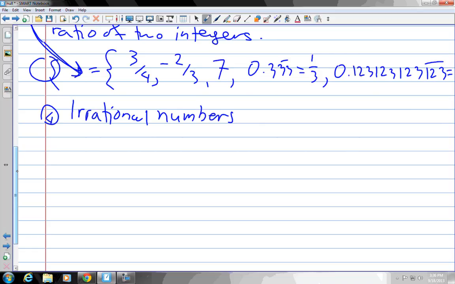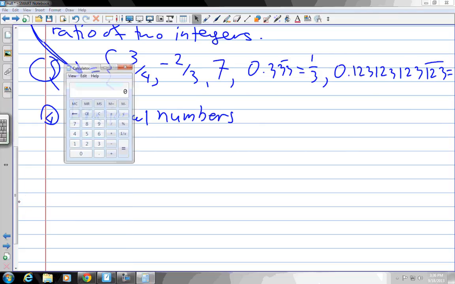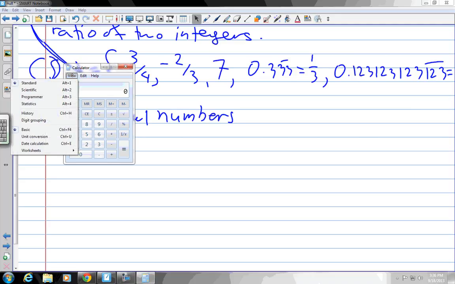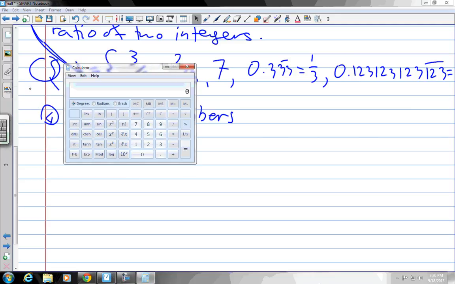If I plug it in my calculator, I'll just get a big pile of digits that will go on forever and doesn't have a pattern. And we can actually prove that square root of 2 is never going to equal the ratio of two integers, no matter how hard you try. I'm not going to do the proof, but it's there. So it's one of those numbers.